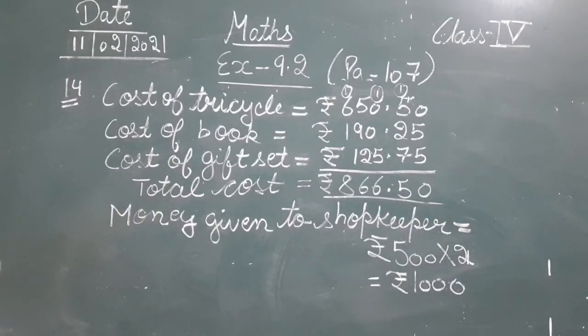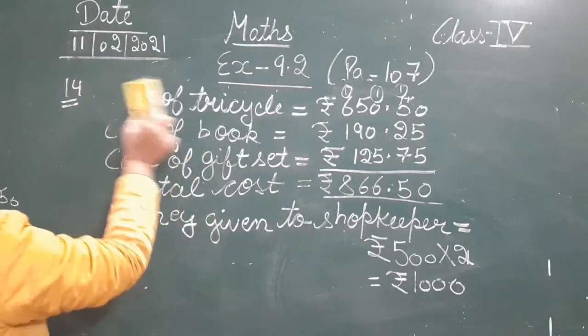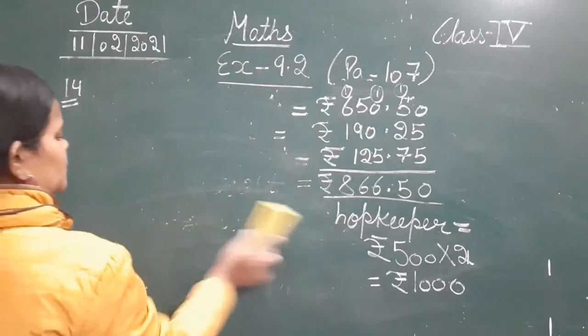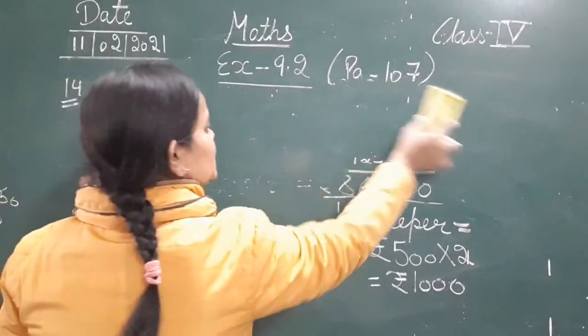Now, what do we have to find, beta? That thing that we will calculate is the balance she got back. So this is the amount I am writing here. Now the next part I will do after erasing it. The money or balance she got back, that we will calculate next.